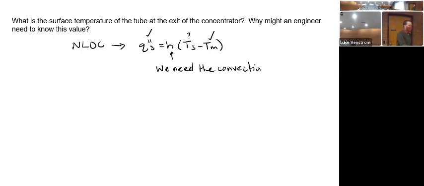The convection coefficient is going to dictate what the surface temperature needs to be, based off of the mean temperature of the fluid, in order to accommodate that applied flux. The larger the applied flux for some fixed value of h, the larger the surface temperature has to be. Or another way you can think of it, the bigger the delta T has to be in order to accommodate that flux. So what does h depend on?